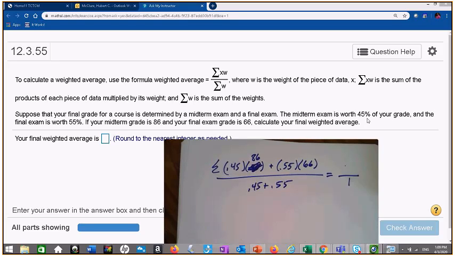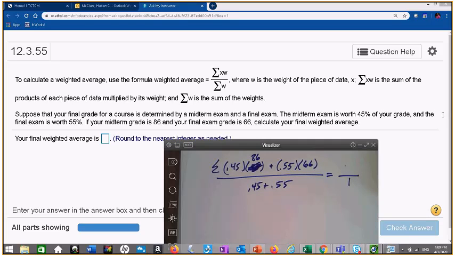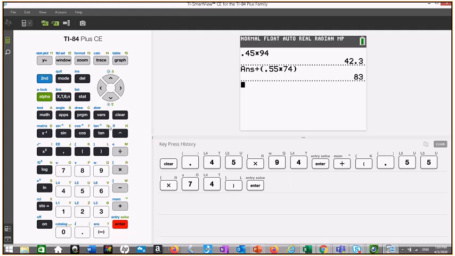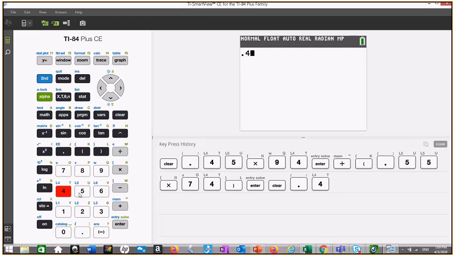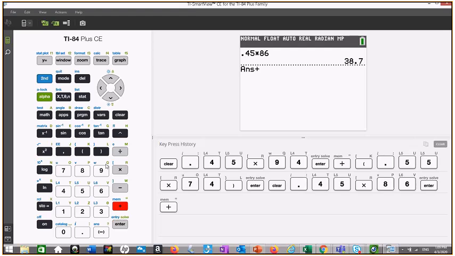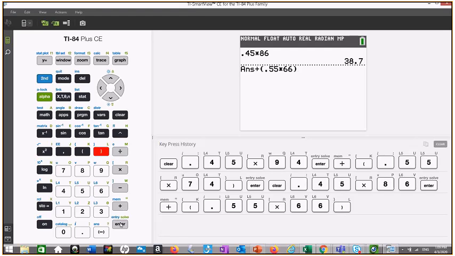So we take our handy dandy calculator and clear it. It's going to be 0.45 times 86 equals, and then we add that to parentheses 0.55 times 66, close parentheses, and that gives us a total of 75.